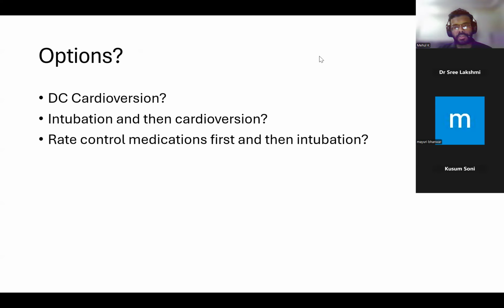Great. But for that, this is a conscious patient, so you'll have to sedate. Do you want to sedate this patient? Second, do you want to secure the airway, then do cardioversion? Or do you want to try some rate control medication first and then consider intubation?